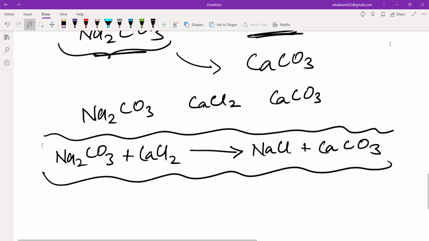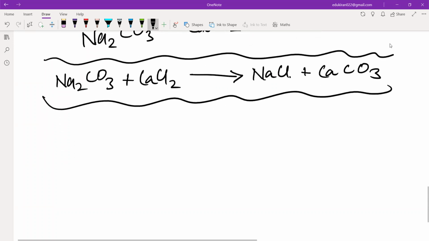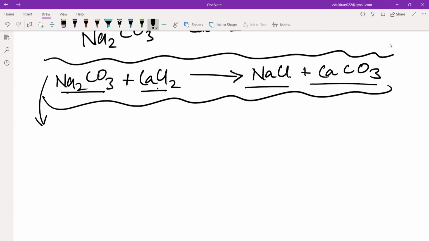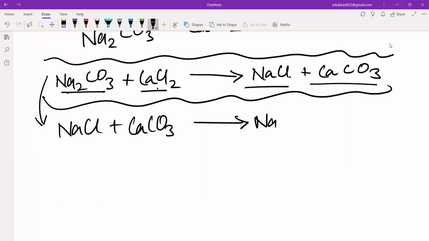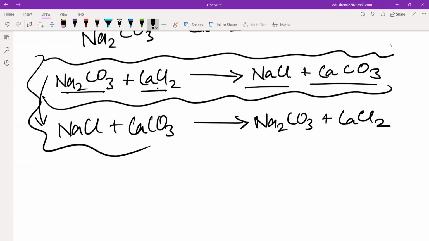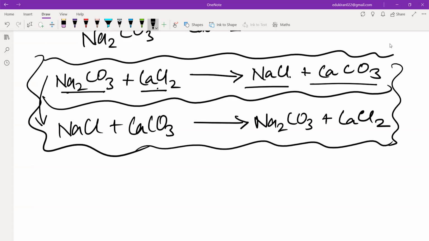At that point, this idea came to him that it is not only that Na2CO3 reacts with CaCl2 to form sodium chloride and CaCO3. The other way around is also possible: if you have NaCl plus CaCO3, then it can also form Na2CO3 and CaCl2. Now, this was the beginning of reversible reactions.